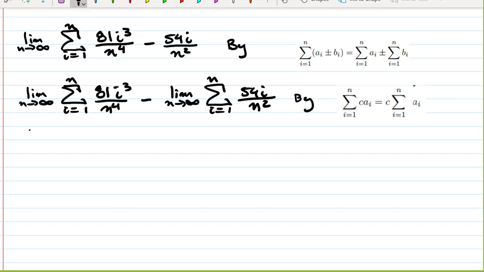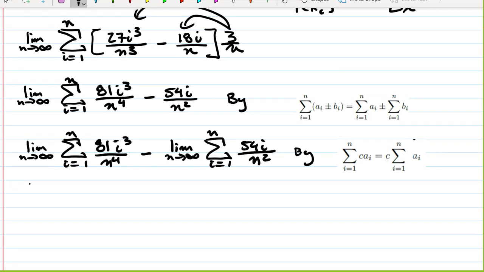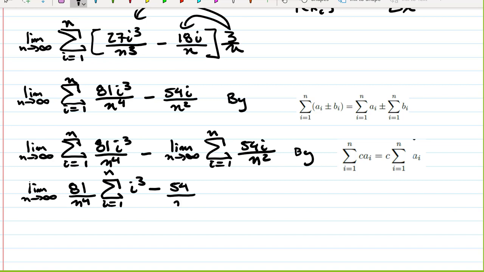So we get the limit still as n goes to infinity. Pulling our constant 81 and our n to the 4th out, we have 81 over n to the 4th times the sum as i goes from 1 to n of i cubed minus, and we pull out our 54 and our n squared.